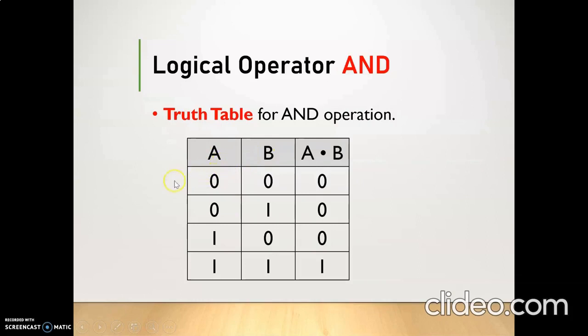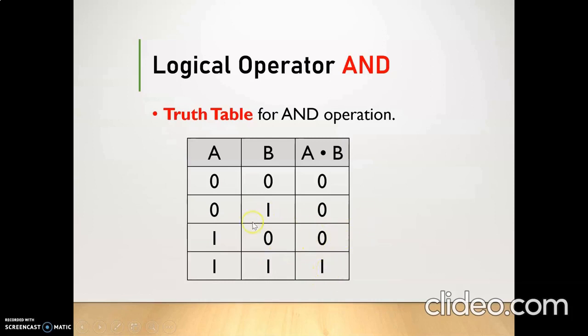So the first combination is both are false. When both are false, A false, B false, the answer is going to be false. When A false and B true, A and B is going to be false also. When A is true, B is false, the answer is going to be false. And when A is true, B is true, then the answer is going to be true.